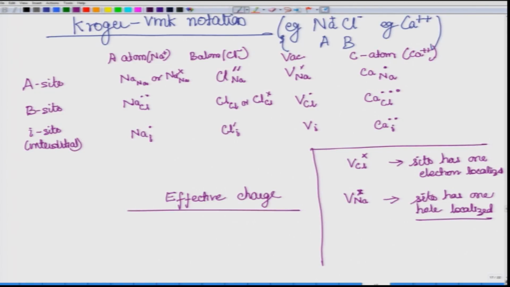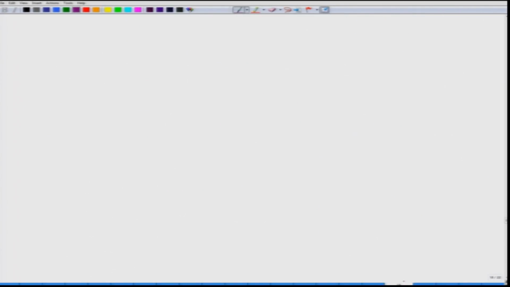So, with this we can move on to look at some of the simple equations that we had written earlier. If we go back and see how a Schottky defect should look in something like an M plus 2 O minus 2 system, it is an MO system where M has plus 2 charge and O has minus 2 charge.